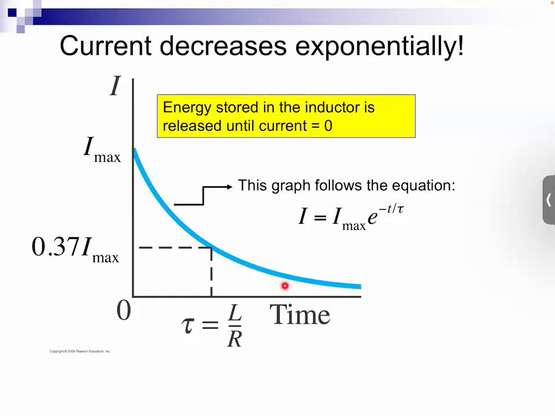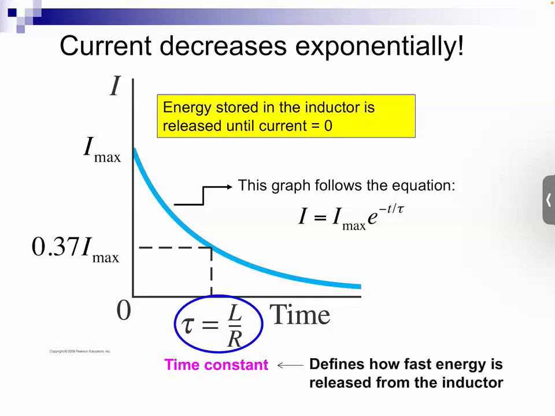If we analyze this graph, since the current decreases to 0, it means that the energy stored in the inductor decreases until there's no energy left. Of course, the resistor dissipates the energy that's coming from your inductor. You again have this time constant, but physically it defines how fast the energy is released from the inductor.